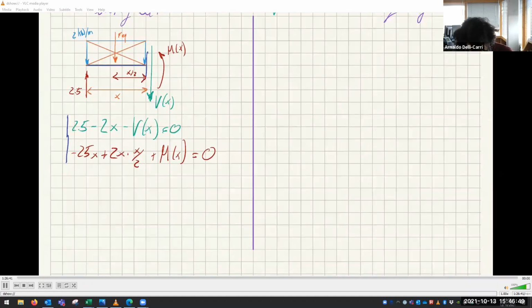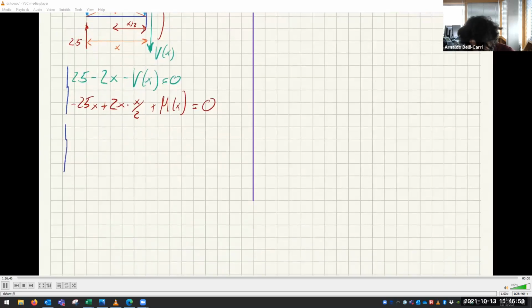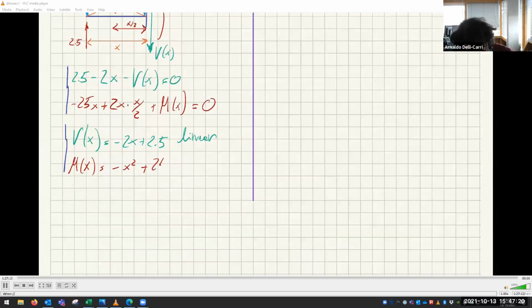And so if I rearrange both of these equations, I get that v of x is minus 2x plus 2.5, linear, and m of x is minus x squared plus 2.5x.